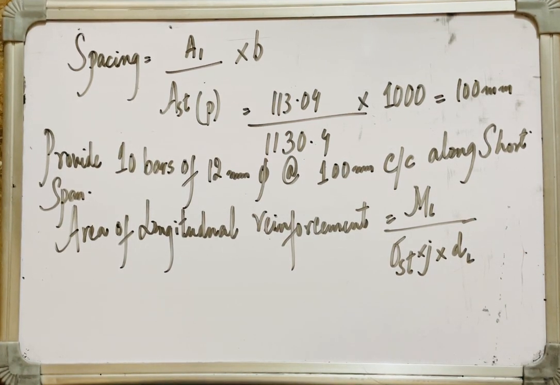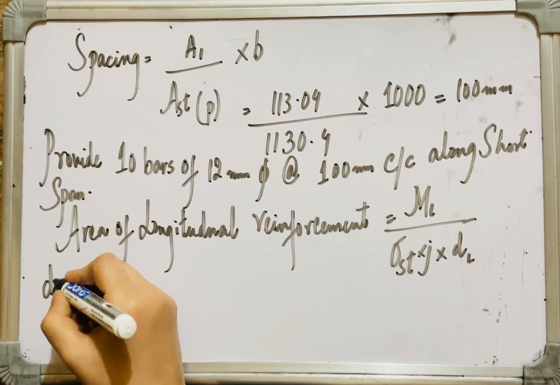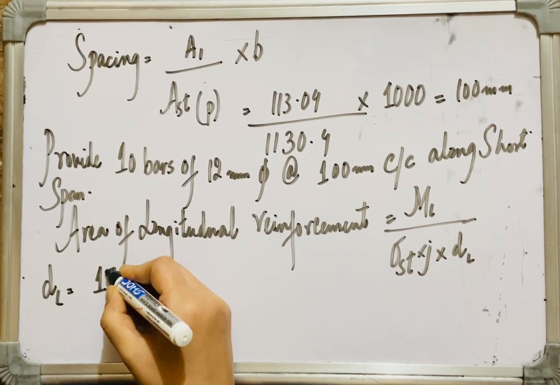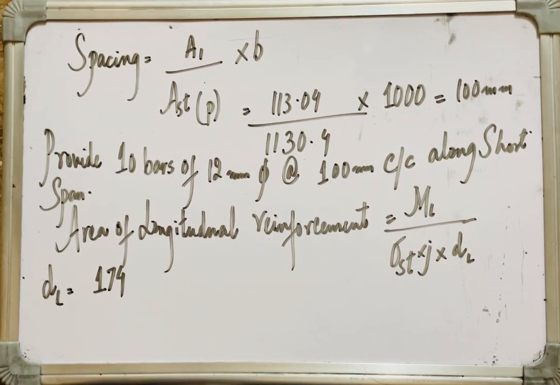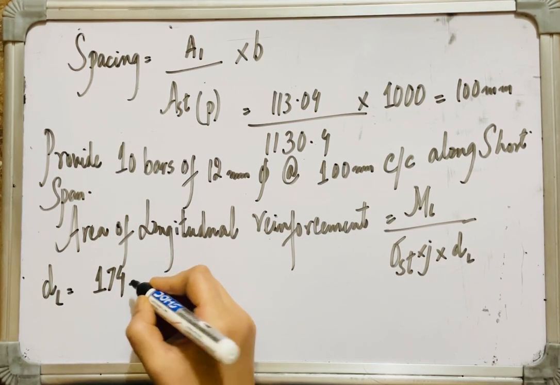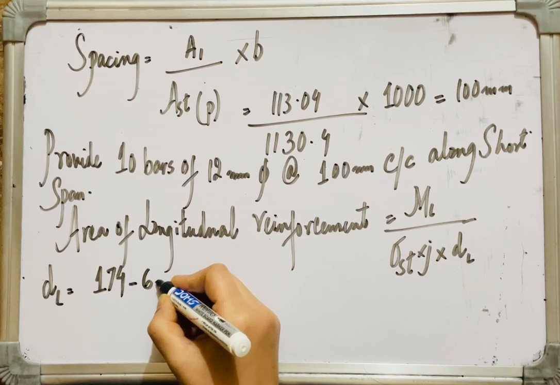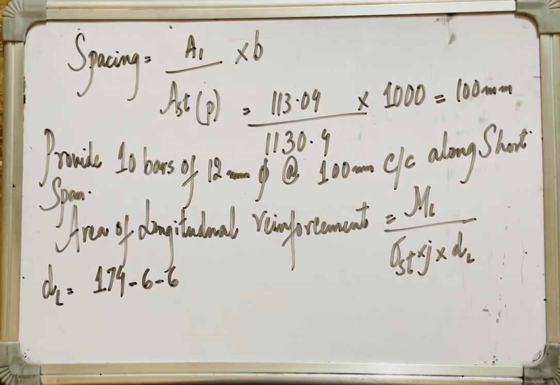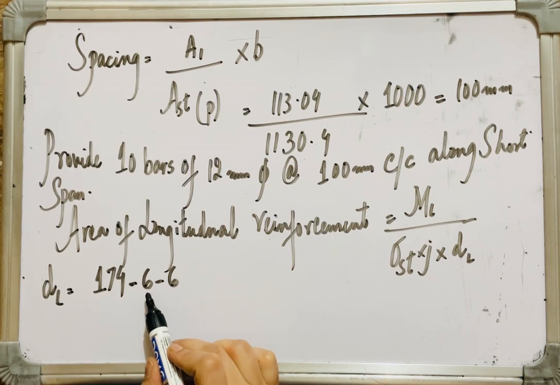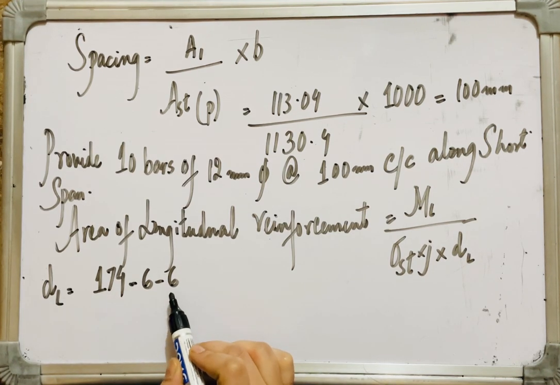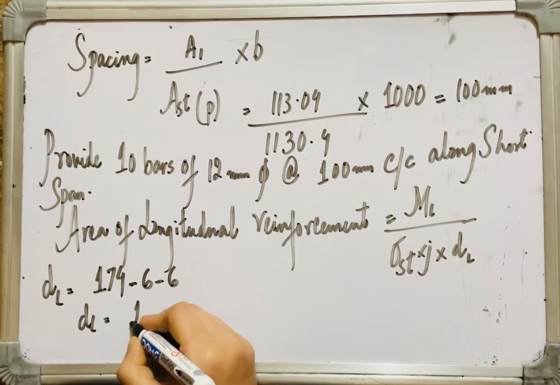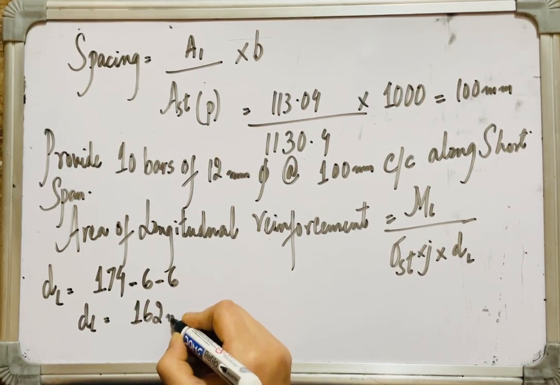That is equal to how much? Now first we have to calculate this. It is effective depth along the shorter span, 174, minus the bars I'm using. I use a 12 mm bar, so from one side 5 by 2, 5 by 2. So DL is 162 mm.